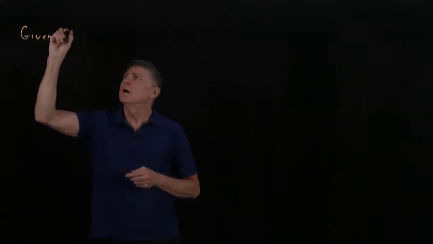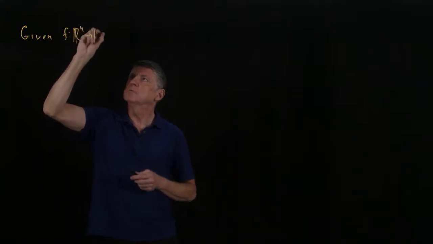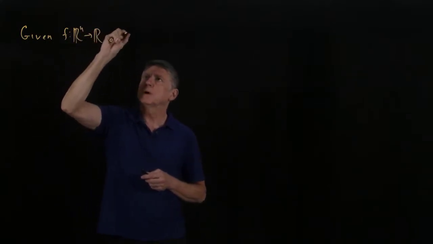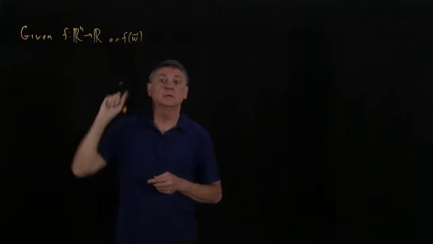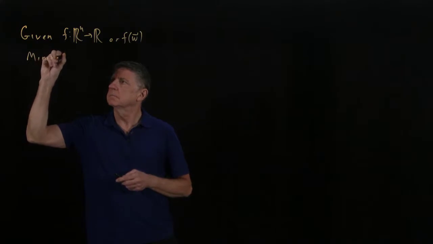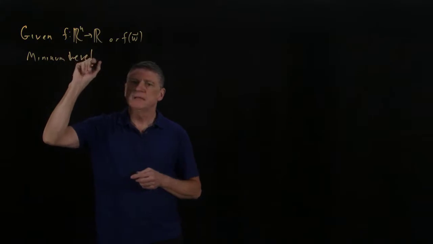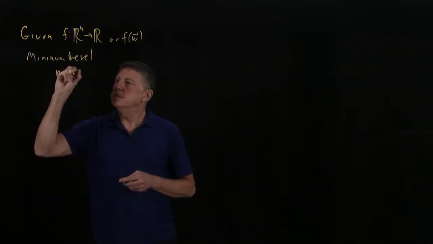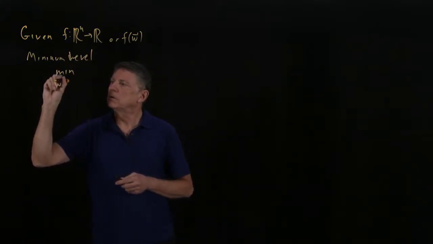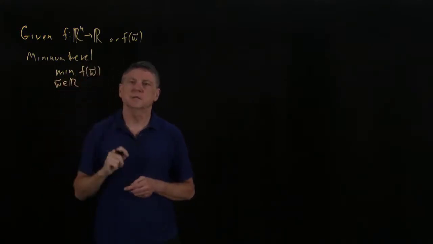Now, let's state our problem. The problem is, suppose that we are given a function that has a vector argument and produces a real level, or we might write that in functional notation. The minimum level is the minimum over all vectors that are in the vector space of the function.